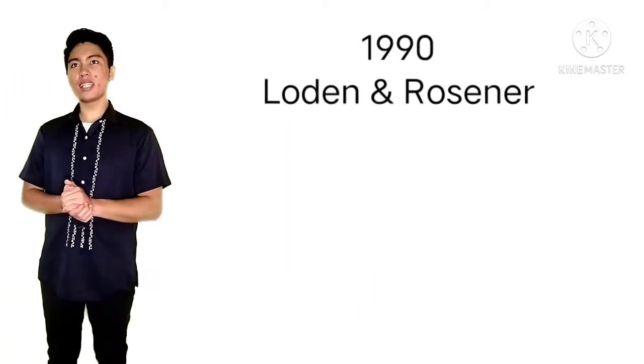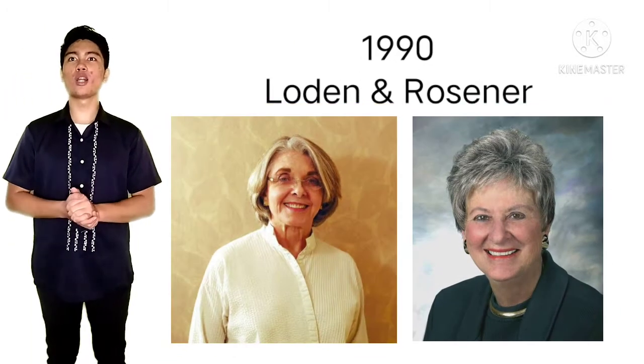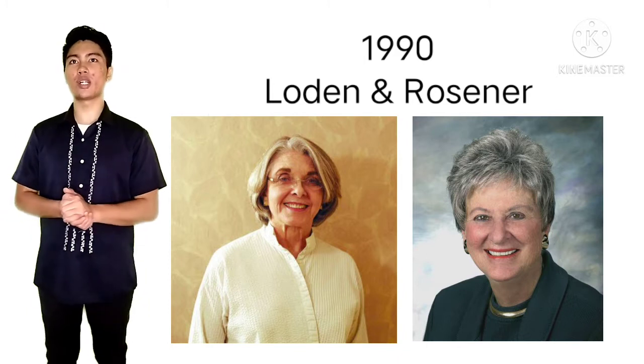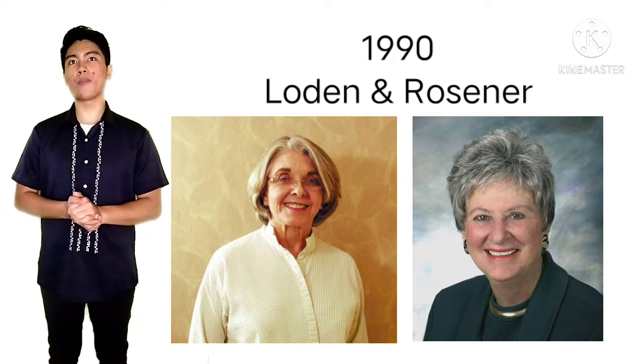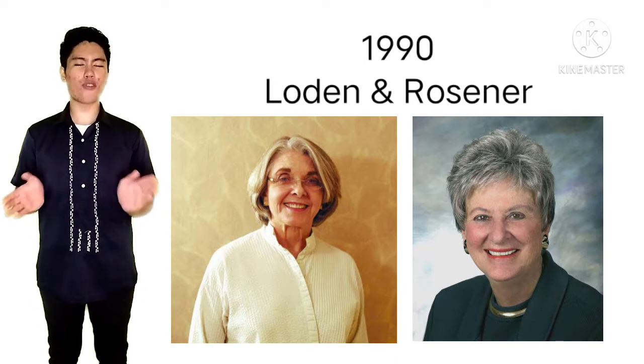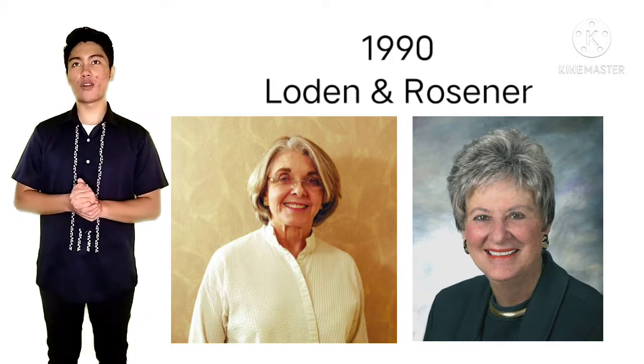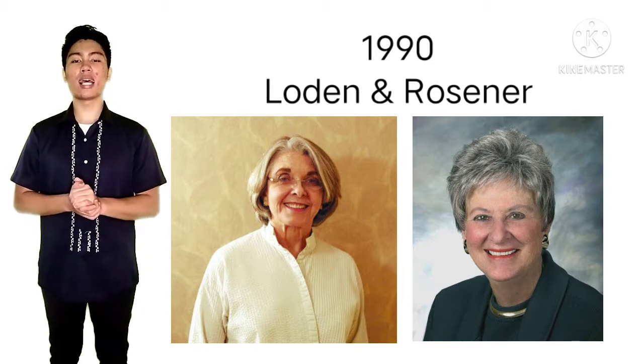Today I am going to teach you how to use the diversity wheel by Loden and Rosner. But before that, let us have first a brief look back at the history of what the diversity wheel is. In 1990, Marilyn Loden and Judy Rosner developed a framework for thinking about the different dimensions of diversity within individuals and institutions.